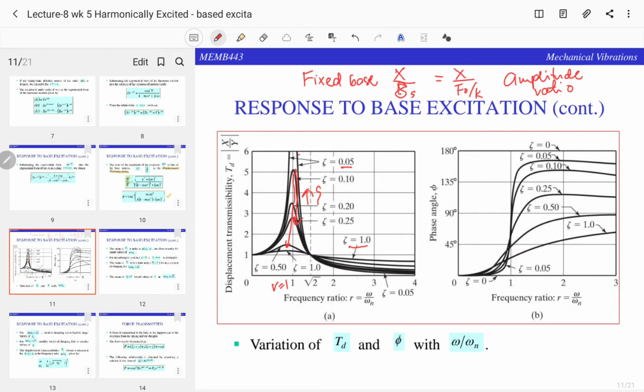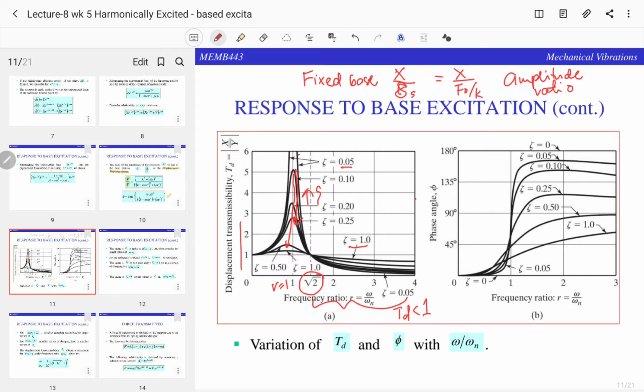You can see that at a specific number, r equals root of 2, there is kind of an inflection point there, but basically your displacement transmissibility is less than 1. Along this area, you can see that your TD is less than 1.